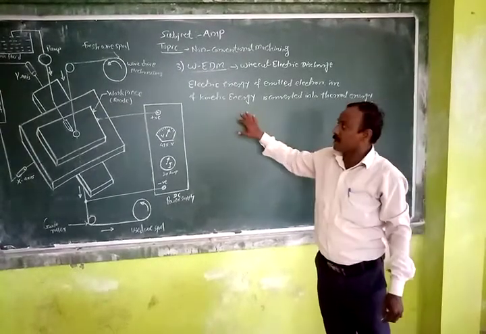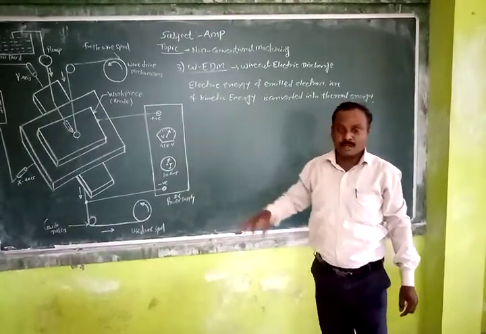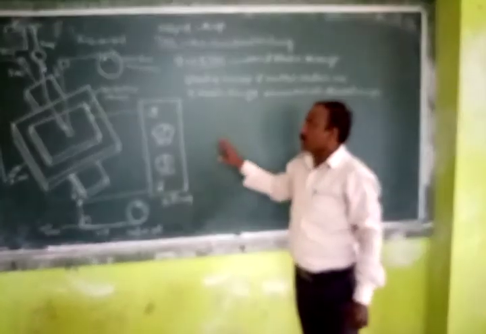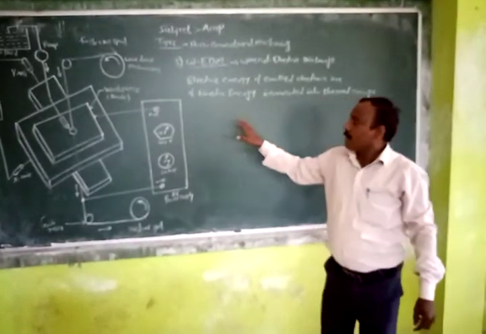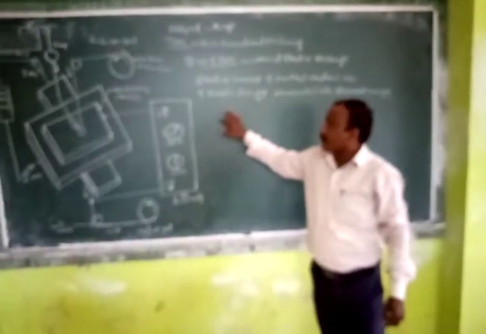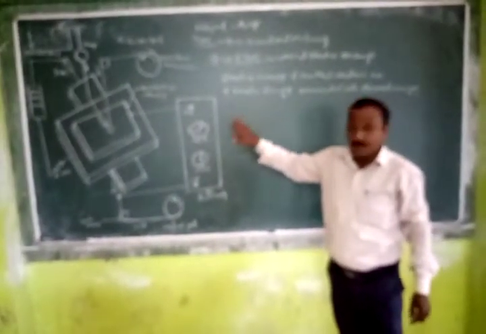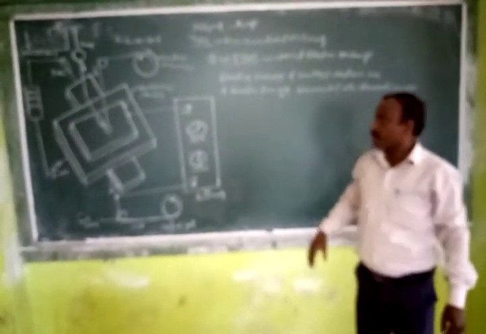On this basis, this machine works. Spark erosion is produced between the workpiece and the electrode.